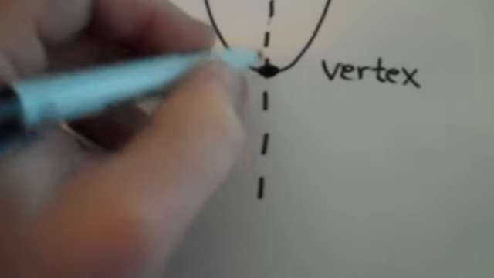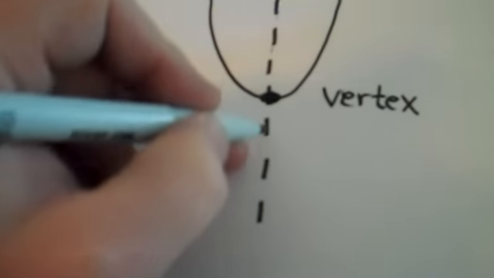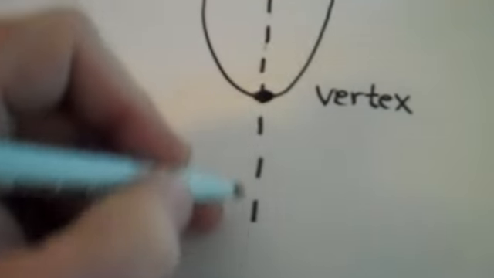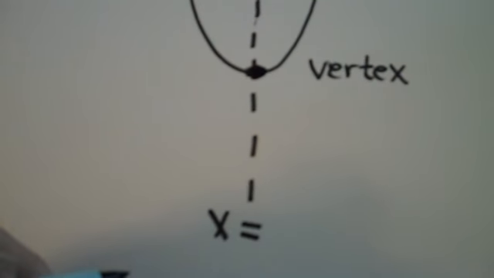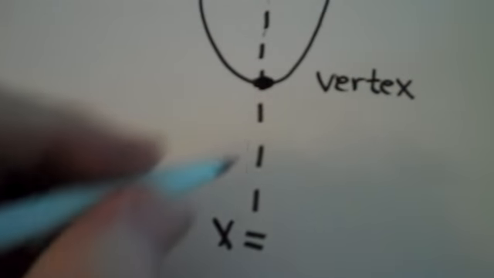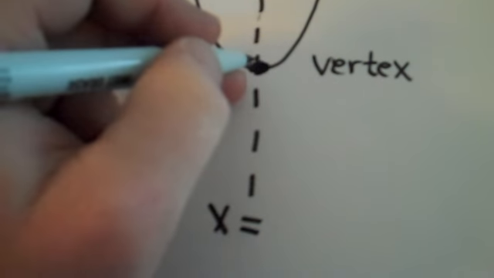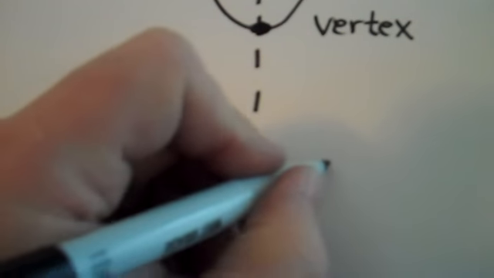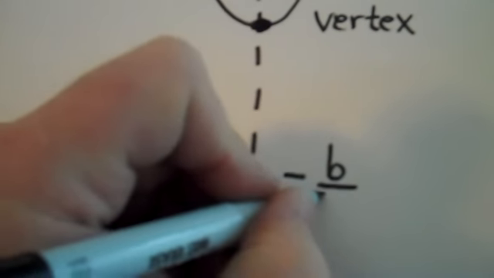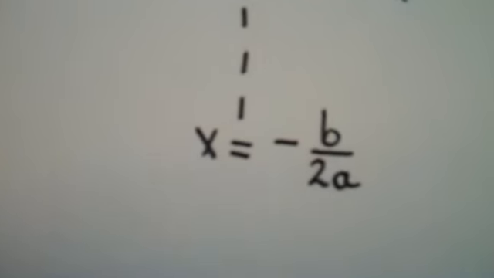We tie two things together. An equation of a vertical line is always going to be x equals some number. And if you'll remember the vertex formula with me, the x-coordinate of the vertex is always x equals opposite of b over 2a.